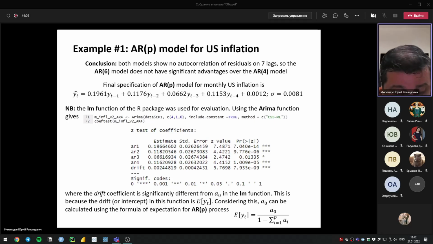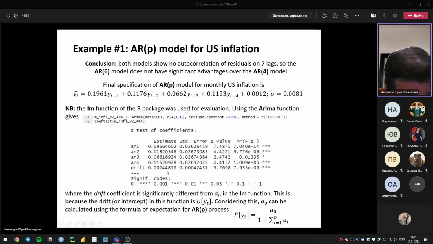And the application of this ARMA function will give you the same autoregression coefficients. Well, in the fourth sign, it is slightly different. So, for example, ARMA gives you 0.1966 and the LM function gives you 0.1961. This is because there is a difference between the exact likelihood function and the least squares method.